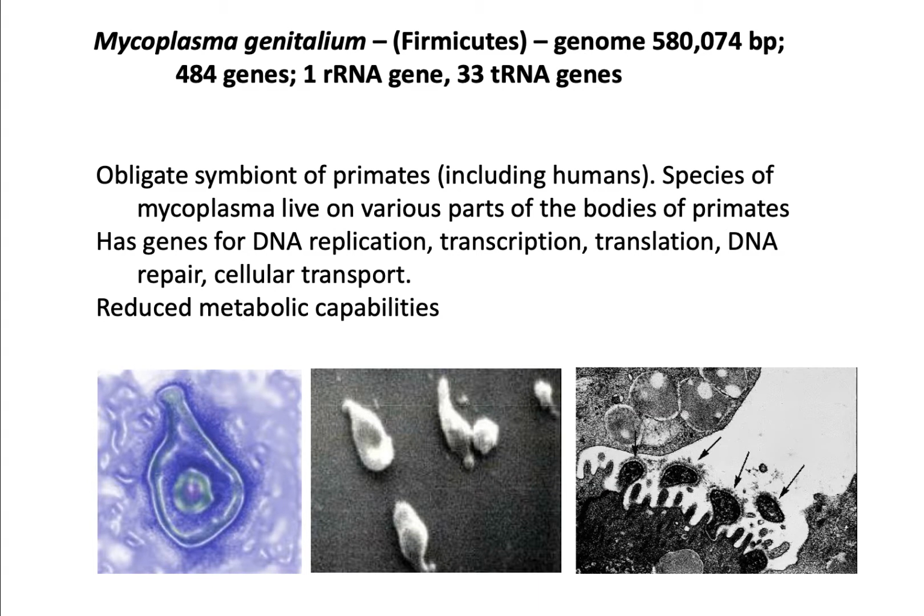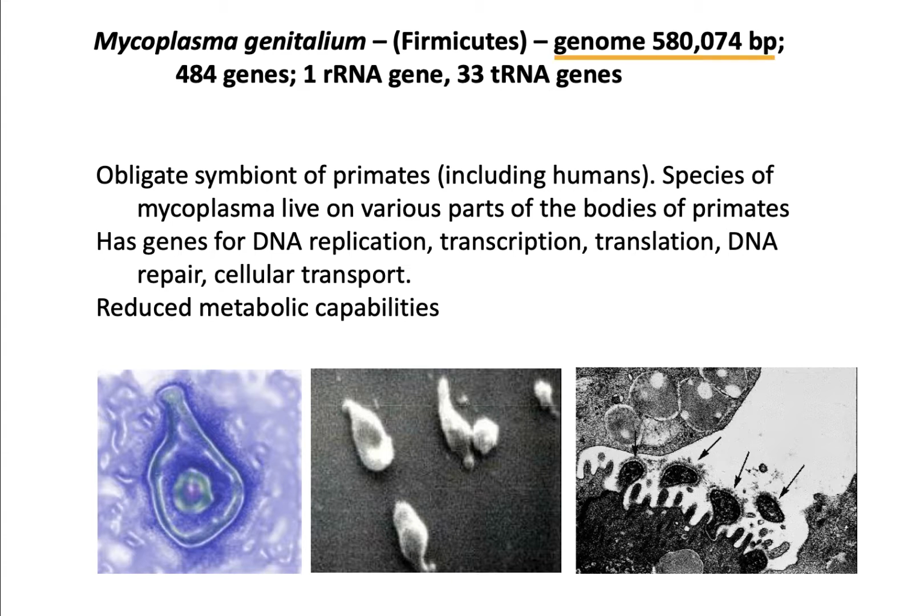So now I want to start talking about genomes where there has been a reduction in the total amount of DNA as well as the number of genes in those organisms. And the first one is a Mycoplasma that's in the Firmicutes. And this is one that was isolated from chimpanzees, I think.